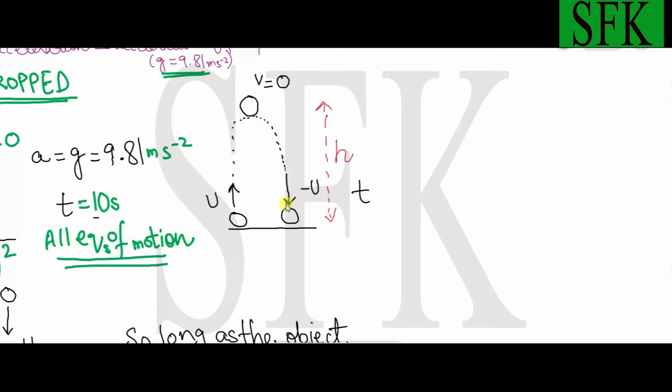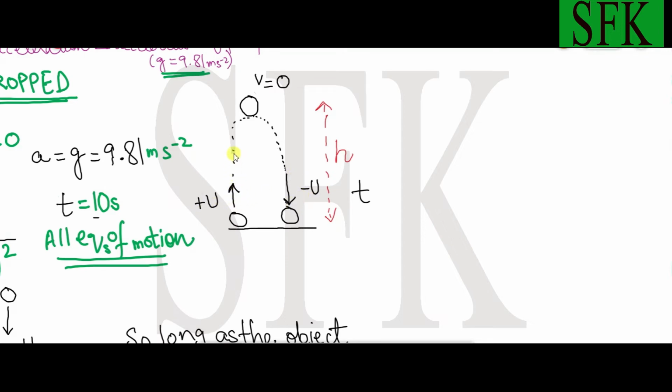When the ball is returning and reaches the same initial height, its magnitude is still u, but the sign changes because velocity is a vector, and when the directions become opposite, the sign flips.